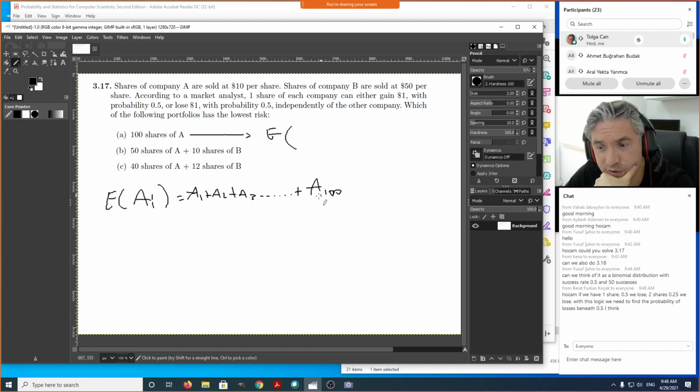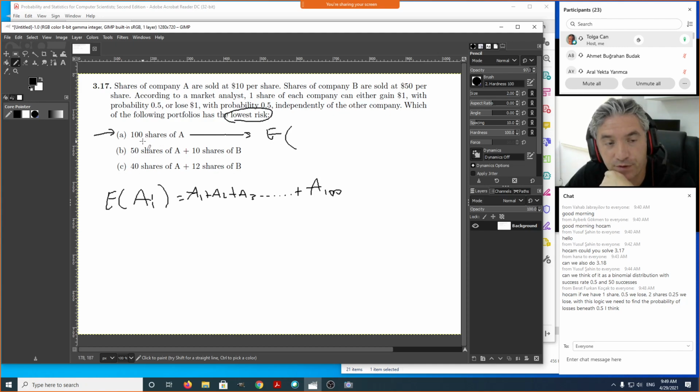The probability of losses beneath 0.5, I mean, we are not asked the probability here. The lowest risk here, I mean, you're going to lose something, but when we are asked for the lowest risk, we are basically asked for the lowest amount of money you are going to lose.